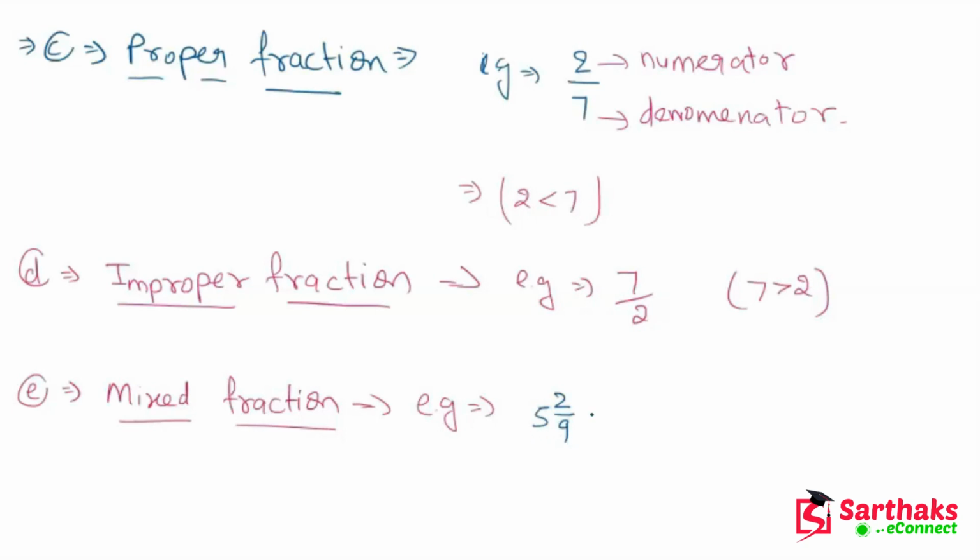We can convert it into a simple common fraction. First we multiply 9 into 5, and we get 45. Then we add the numerator: 45 plus 2 is 47. So we get 47 upon 9. I hope you understand what a mixed fraction is. Now let's move on.